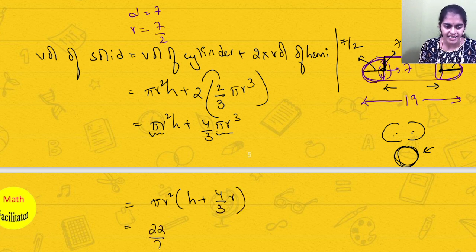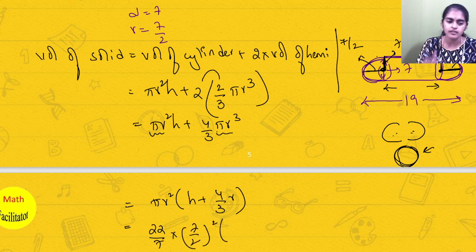Now what is the height I want? Radius is 7 by 2, 7 by 2 whole square. Height h is nothing but height of the cylinder. Do I know height of the cylinder? Let me calculate here.